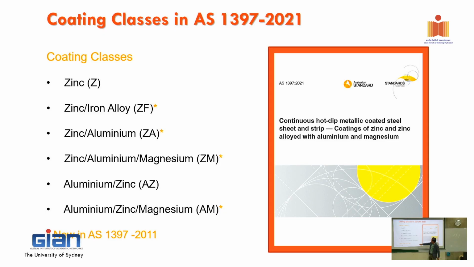But in Australia, we have one particular standard with rules for AM. So that is something new introduced in AS 1397. This is the latest update in 2021 for coating classes.